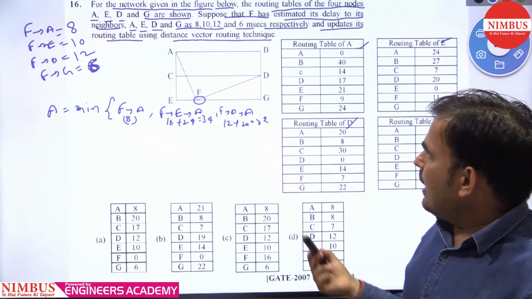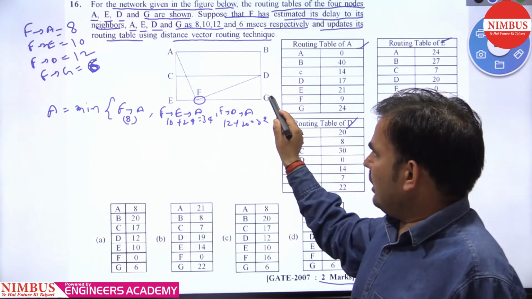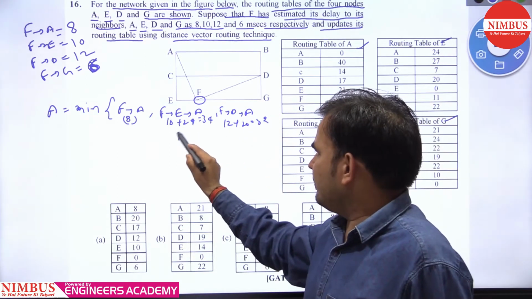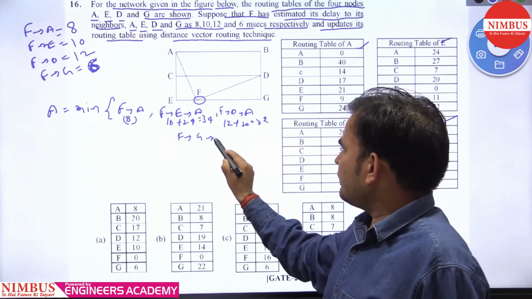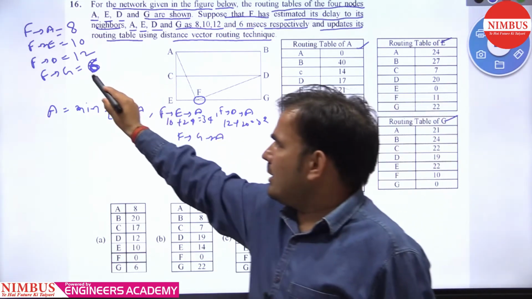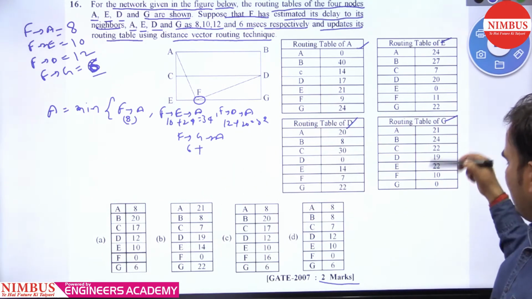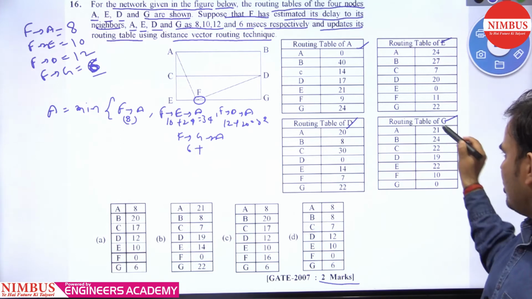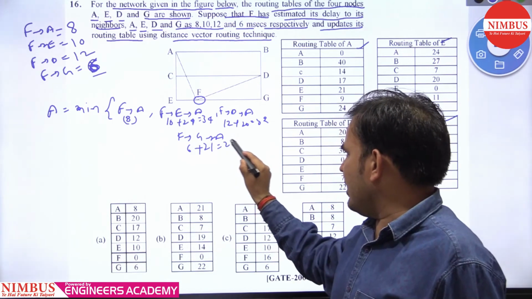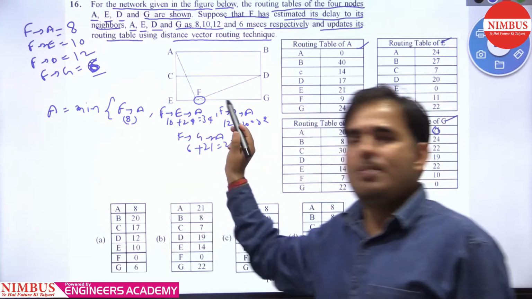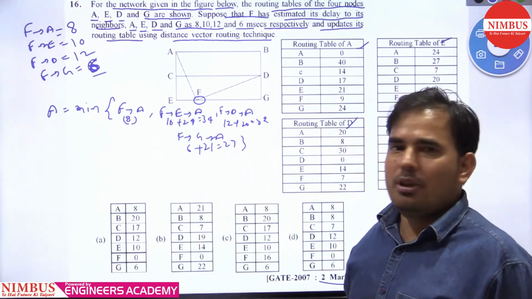In a similar way, for F to G the estimated delay is 6, then you can go G to A. In the routing table of G, G to A is 21, so 6 plus 21 is equal to 27. So what is the minimum to update the routing table of F?